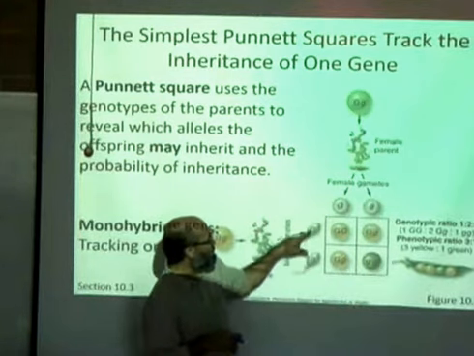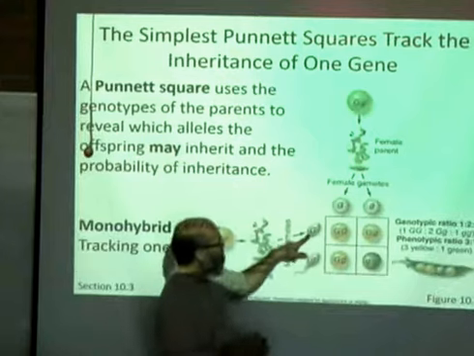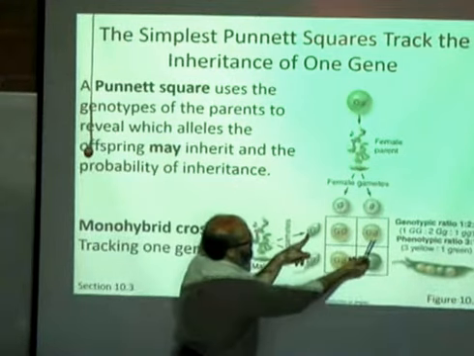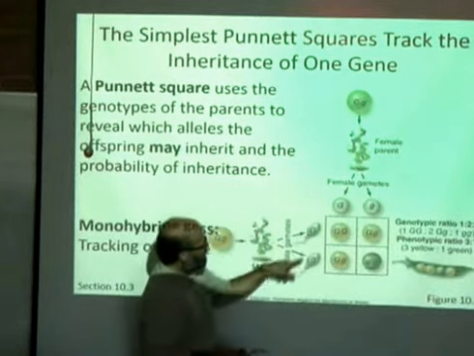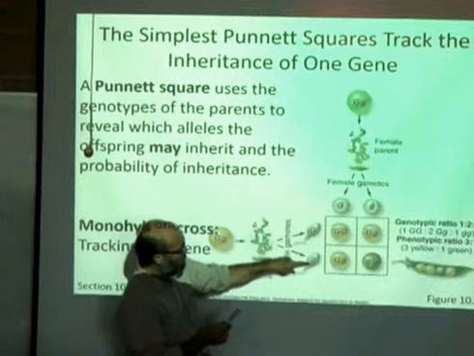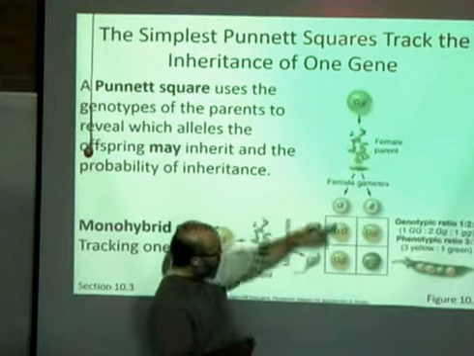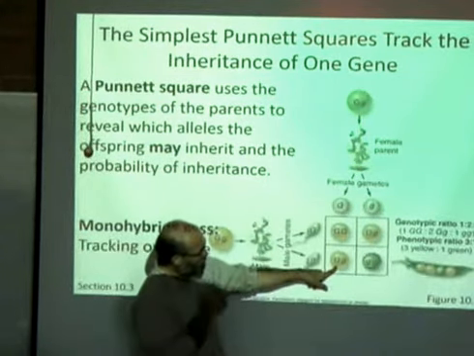The probability is, if this combines with this, this will result. If this sperm fertilizes this egg, then this will result. And if this one, which is a different type of sperm cell with little g in it, gets a chance to fertilize this egg, then this genotype will result.